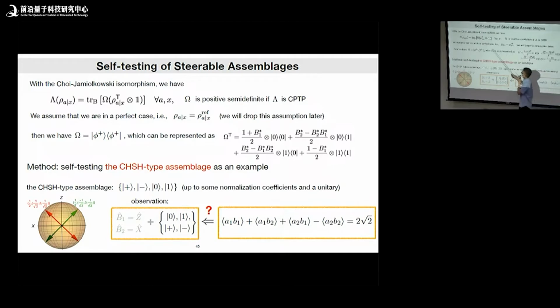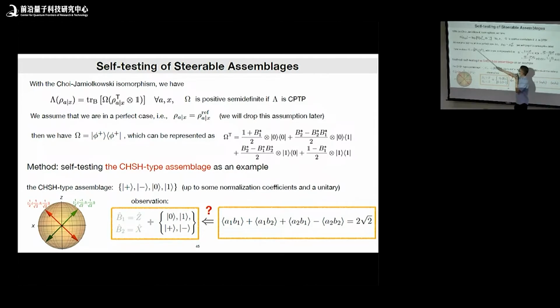First, from the Choi-Jamiolkowski isomorphism, we can transform the problem of finding this CPTP map to the problem of finding the existence of this Choi matrix omega. This lambda is the CPTP map, and the omega here is a positive semi-definite operator, and they have this if and only if property.